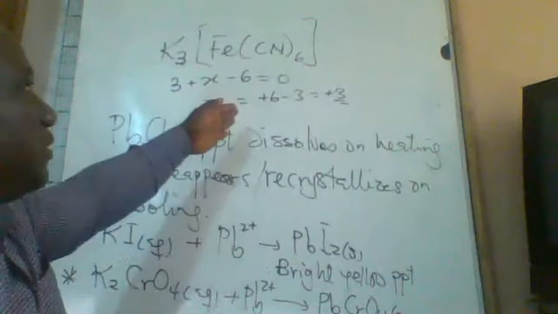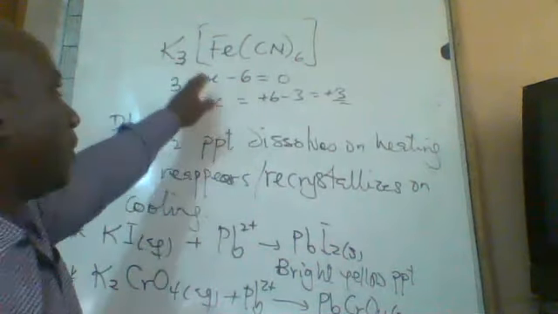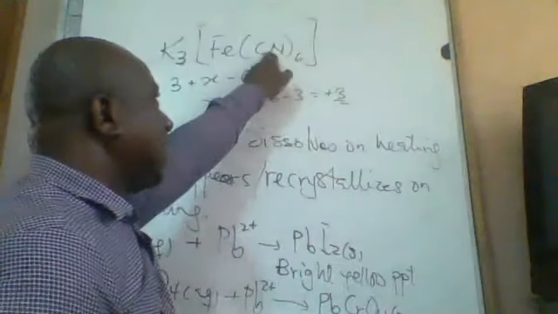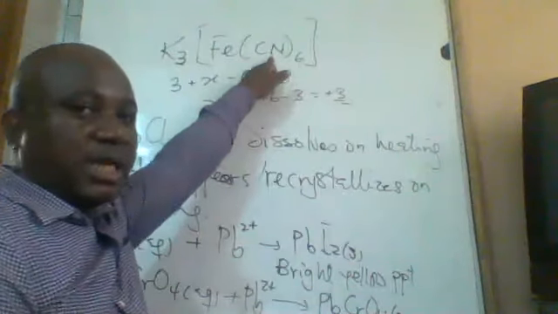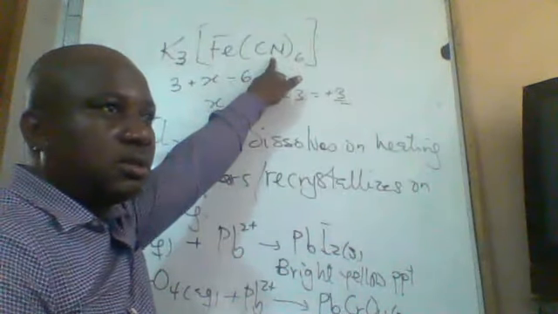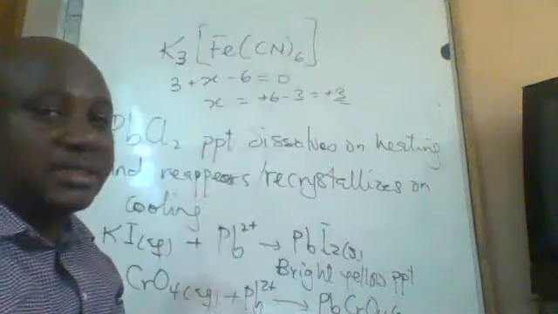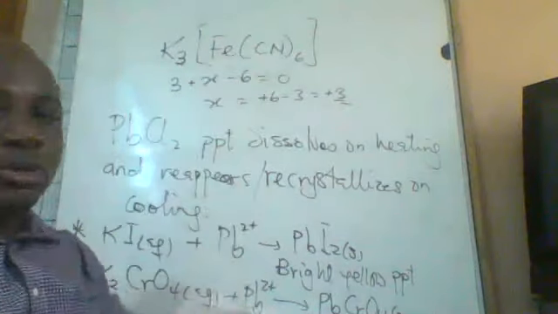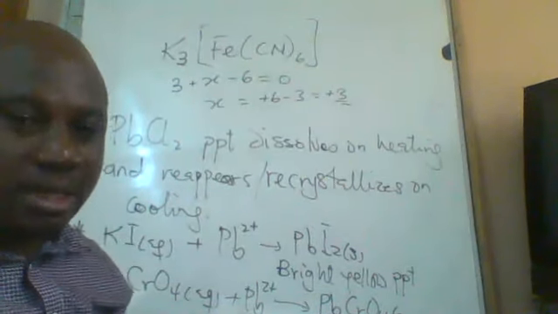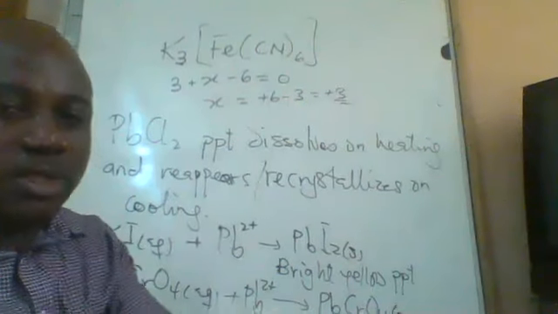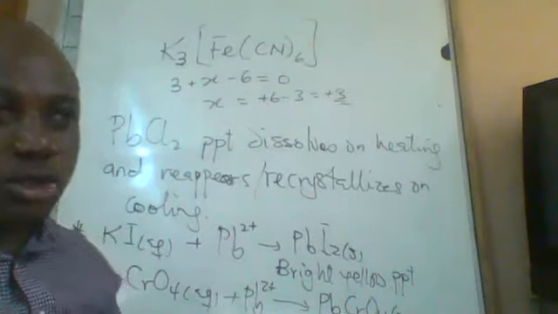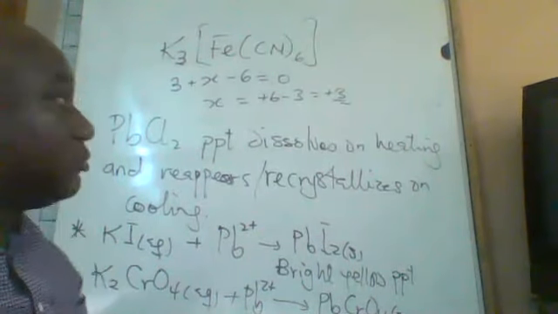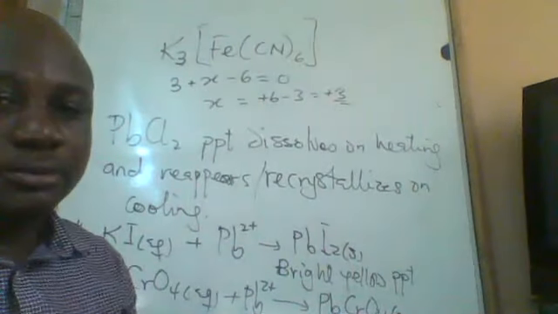So in this case, the name is potassium hexacyano. The cyanide is a ligand, so the name for that ligand is cyano. So potassium hexacyanoferrate, the iron becomes ferrate. You use the Latin name, so the ferrate is obtained from ferrum. So potassium hexacyanoferrate followed by the oxidation state of the iron, +3.